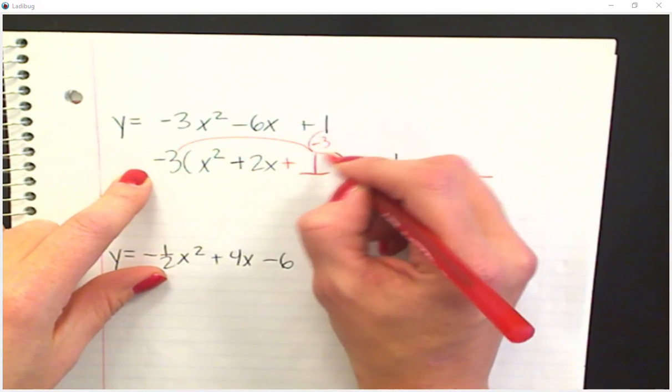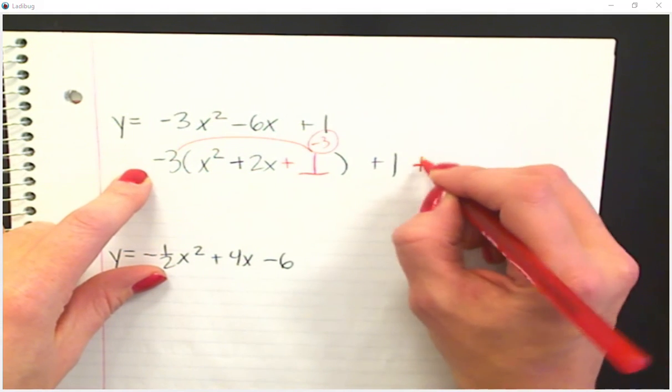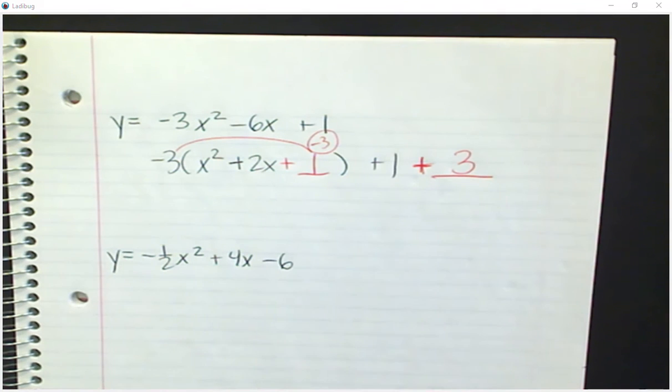But this is really a -3, which means this is going to be a +3. Look at that negative in front. Okay, +1. I'm drawing the arc so you can see the distribution. The first half is really getting a -3, and so the second half gets a +3.